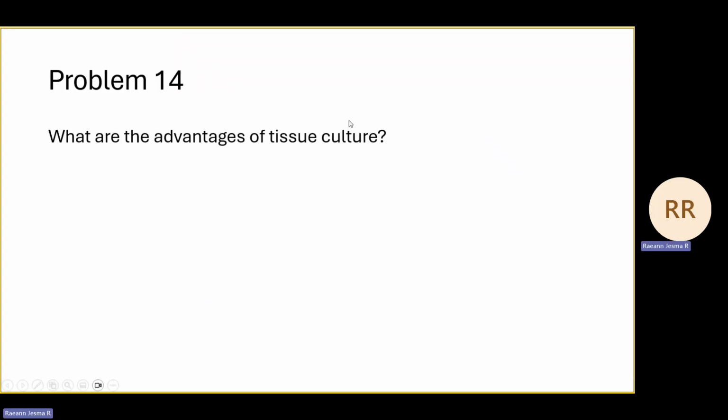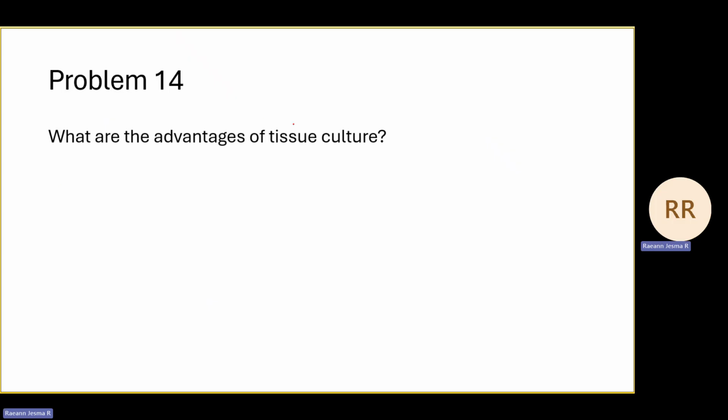Okay, so what are the advantages of tissue culture? Before that, what is tissue culture? And where do we use tissue culture? Okay.